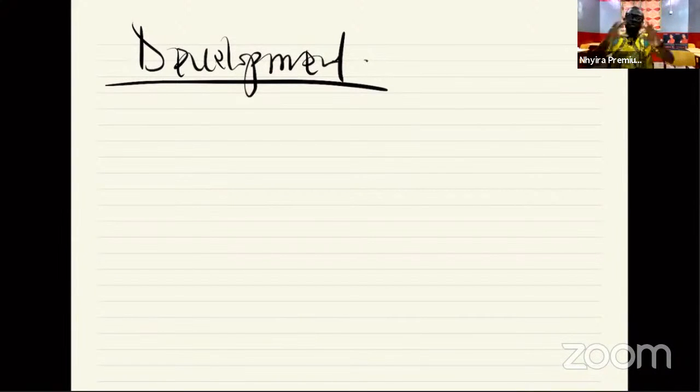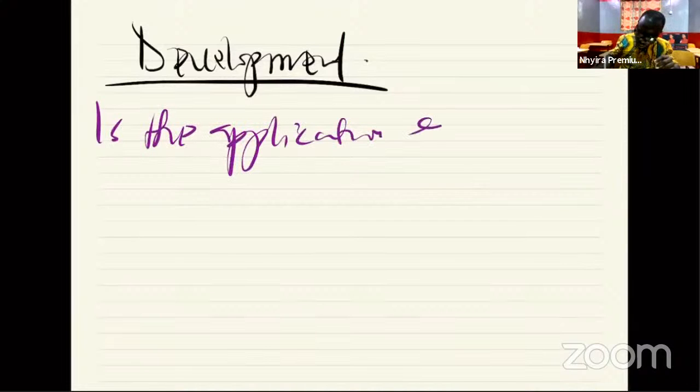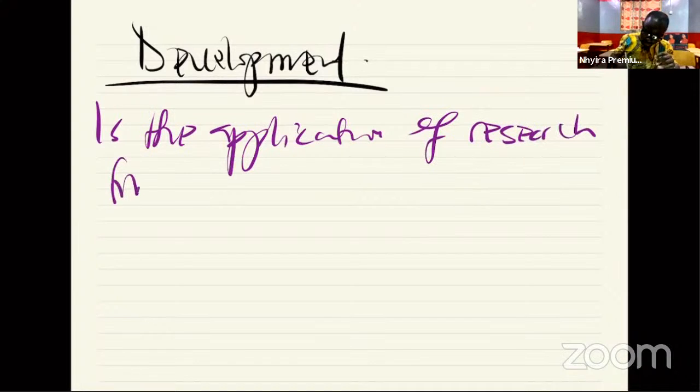So what is development? If research has to do with a planned investigation in gaining new information about a product or a potentially new product, then what is development? In a simple language, we said that development is the application of research finding or other knowledge to a plan or design for the production of a new or substantially improved product or service.